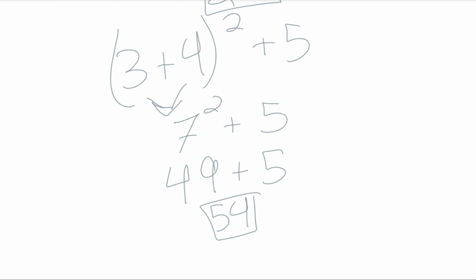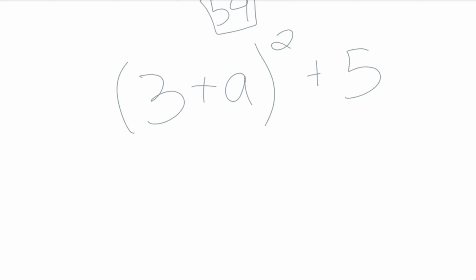Now with writing variable expressions, we're not actually solving them, we're setting them up. Usually with variables, which means unknown numbers, we won't be able to solve them yet. Let me give you an example.